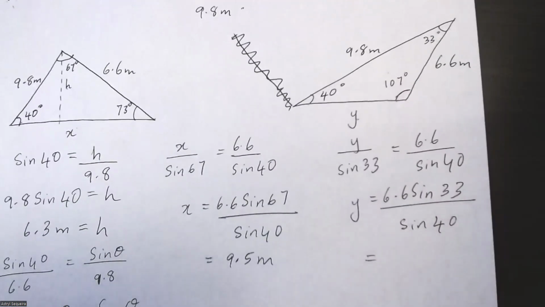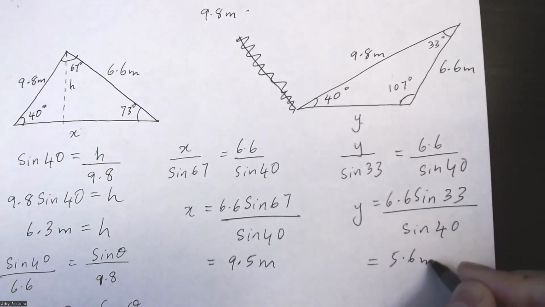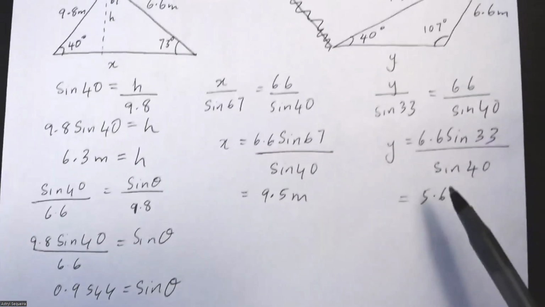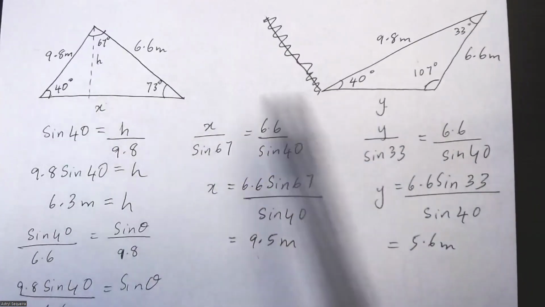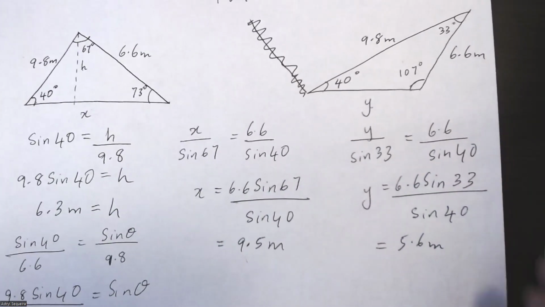And then I will get 5.6 meters. So two possible lengths, 9.5 meters or 5.6 meters for the base of this triangle or the final side of this triangle.